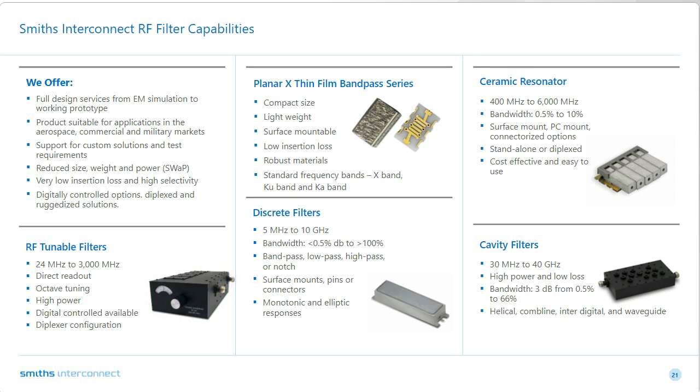What kind of power can the Planar X filters handle? Yeah, so again, this typically varies based on the bandwidth of the filter and the type of topology that we would use. But usually printed filters are low power devices, around 1 watt.